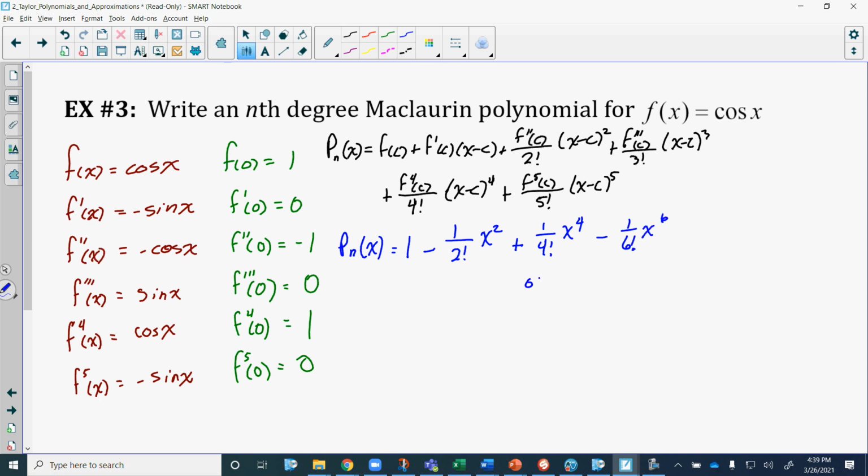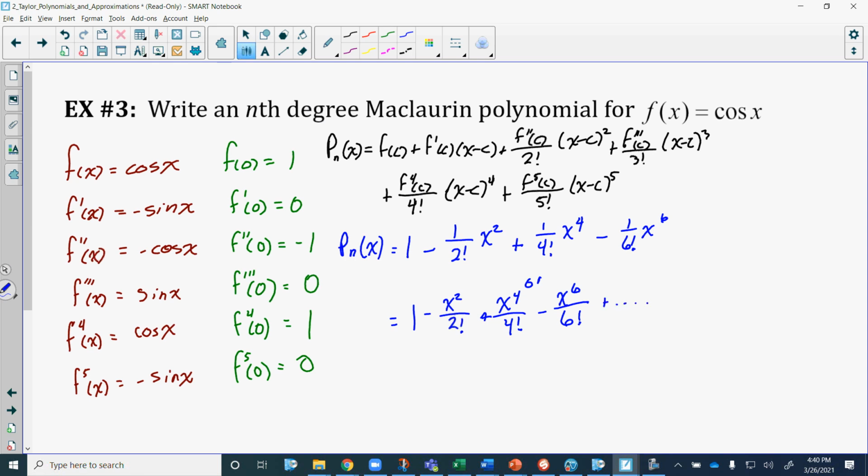I suppose if you prefer, you could write it as 1 minus x squared over 2 factorial plus x to the fourth over 4 factorial minus x to the sixth over 6 factorial.